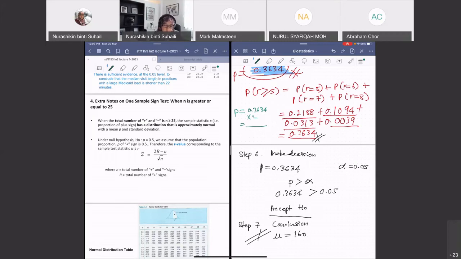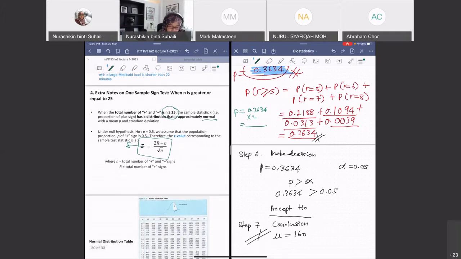So this is just for your information. When n is greater than 25, we don't use the binomial distribution anymore to determine the p-value, but we use the z distribution, the normal distribution, whereby we use this formula to find the z, and from the z value you know the area under the curve.